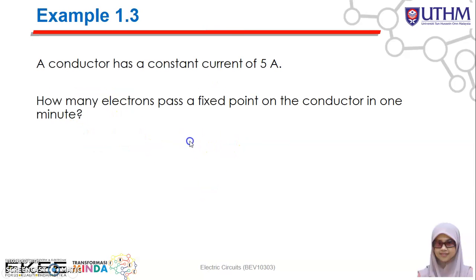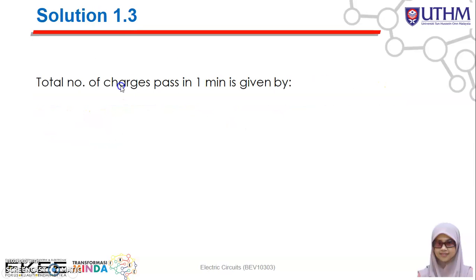Now we go to the next example. Example 1.3: a conductor has a constant current of 5 ampere. How many electrons pass a fixed point on the conductor in 1 minute? We want to calculate how many electrons are going through the conductor in 1 minute. You know that 1 ampere is equal to 1 coulomb per second.